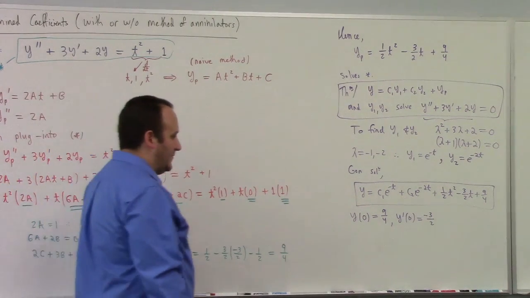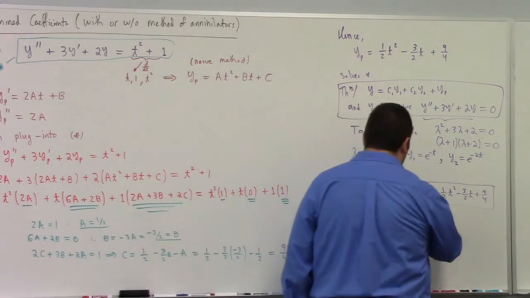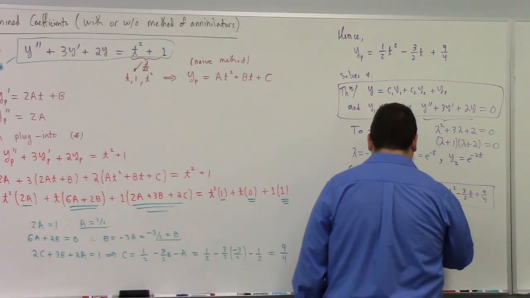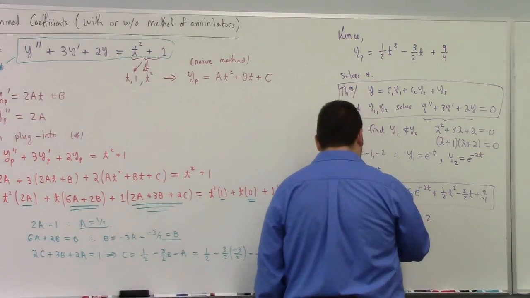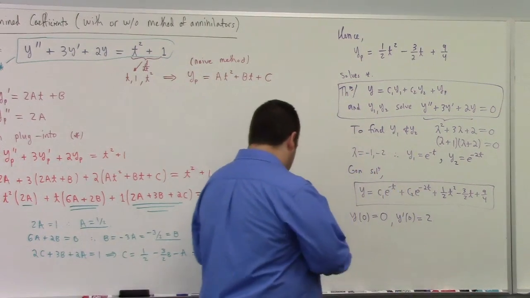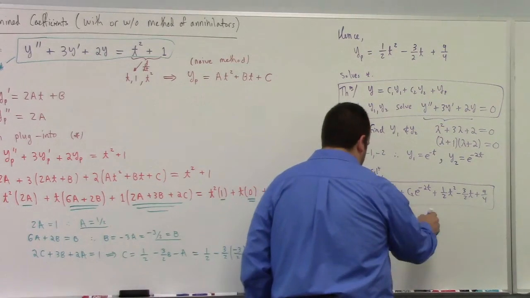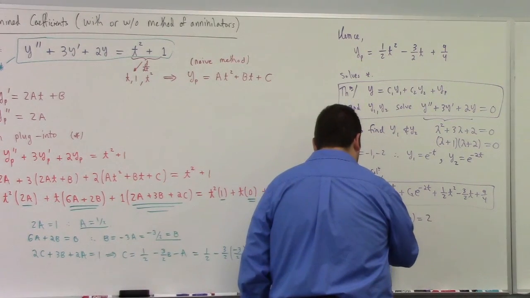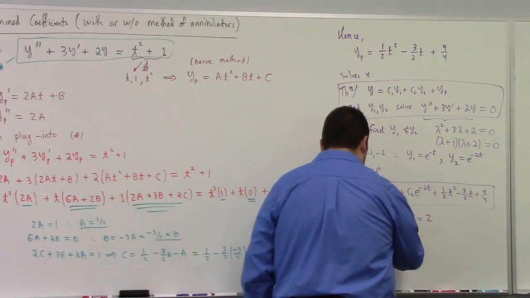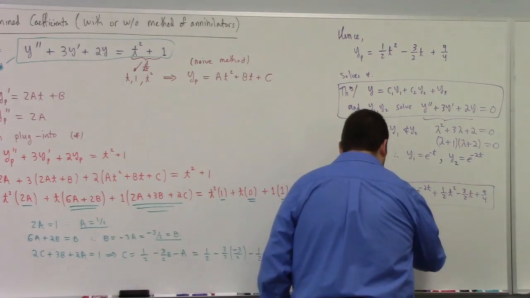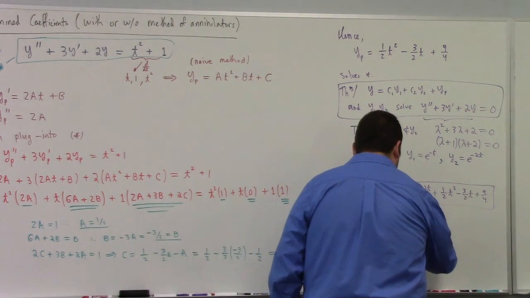If I make y prime of 0 not minus 3/2, if I make it, say, 2, and then I make y of 0 be 0, then how would we do that? Well, if I do y of 0 is 0 and y prime of 0 is 2, y of 0 equals 0 gives me 0 is equal to c1 plus c2 plus 9/4.